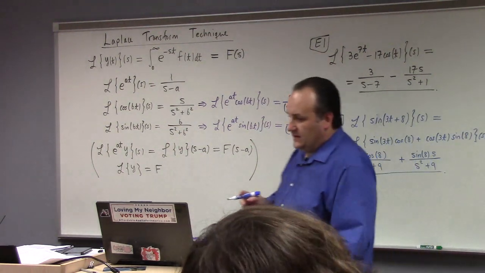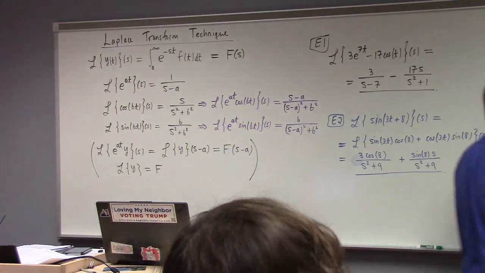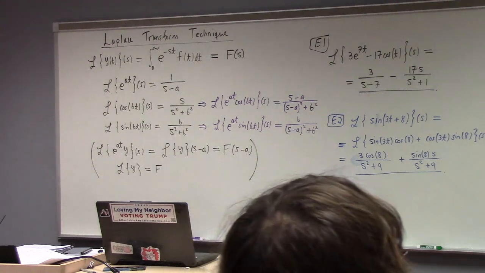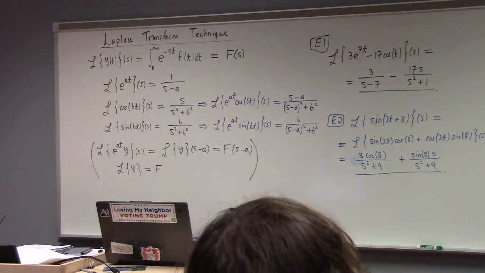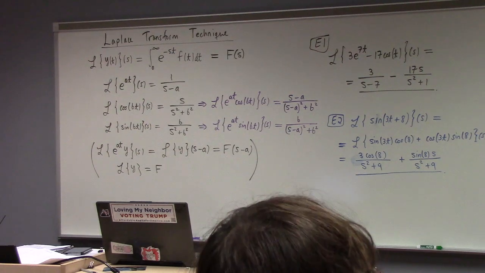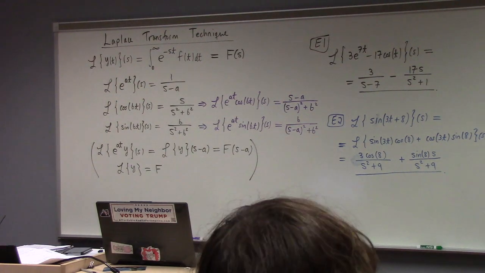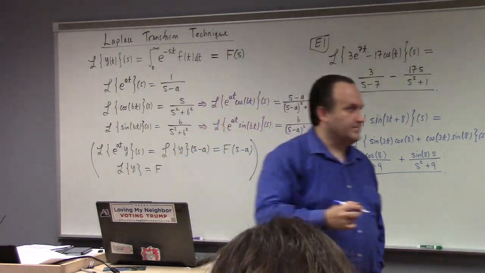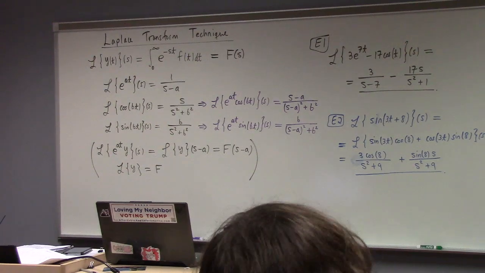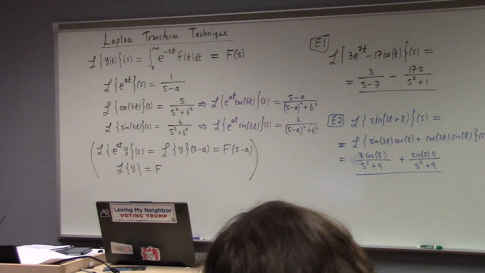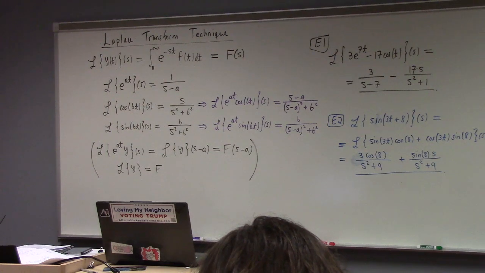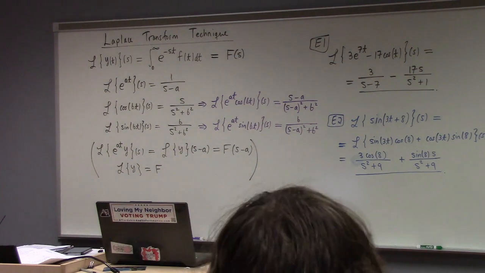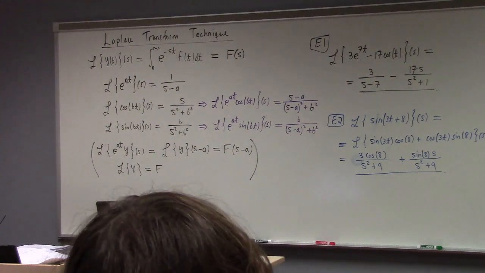And the theorem simply says this: if f is piecewise continuous on 0 to infinity, and has exponential order alpha, then the Laplace transform of f of s exists for s greater than alpha.